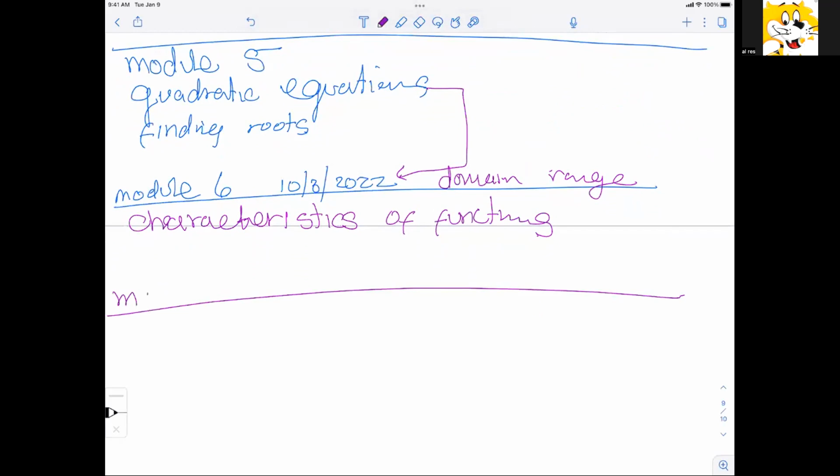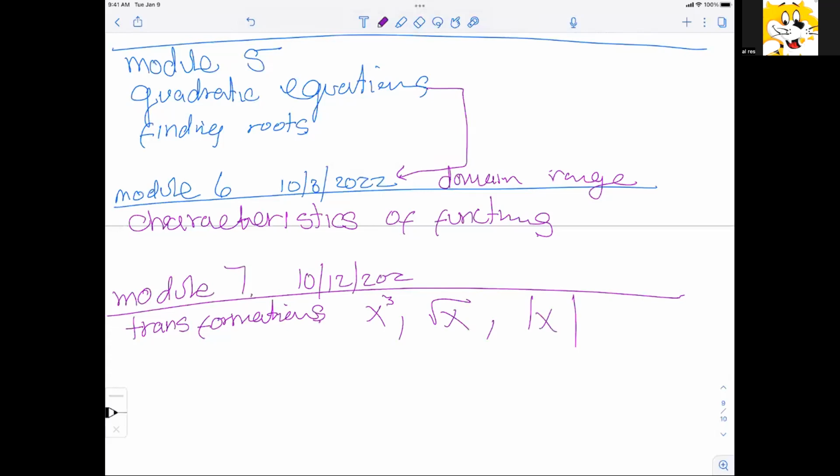And then that brings us to today, what we just finished, which is more transformations. And those included what? This is today's video, right? 10, 12, 20, 22. We did x to the third, we did the square root of x, we did the absolute value of x, we did even, odd, or neither.